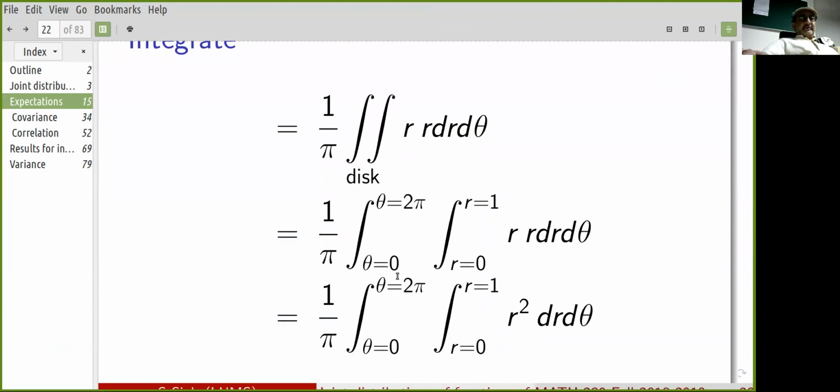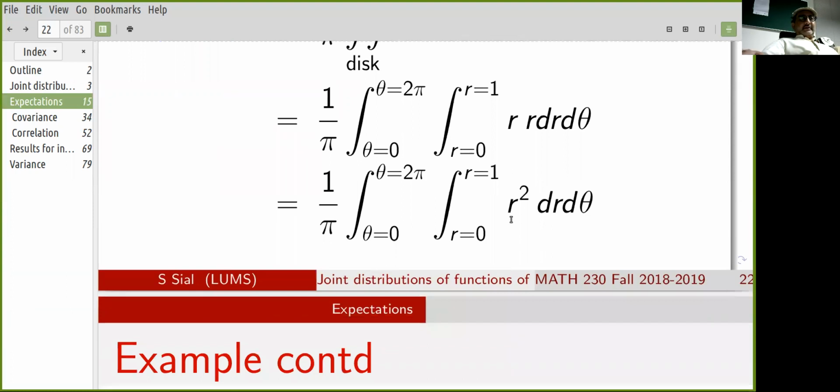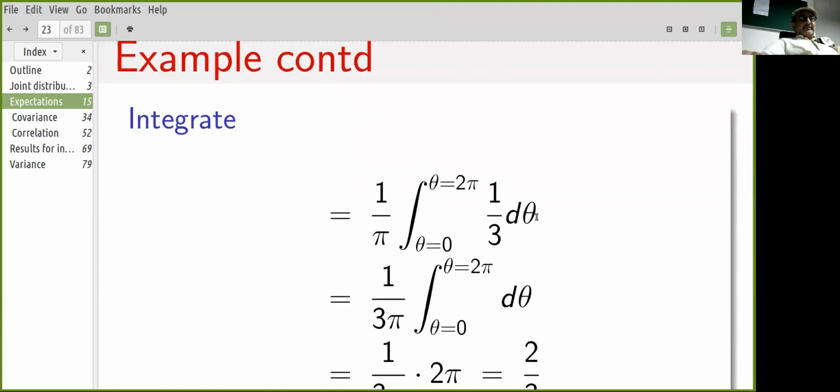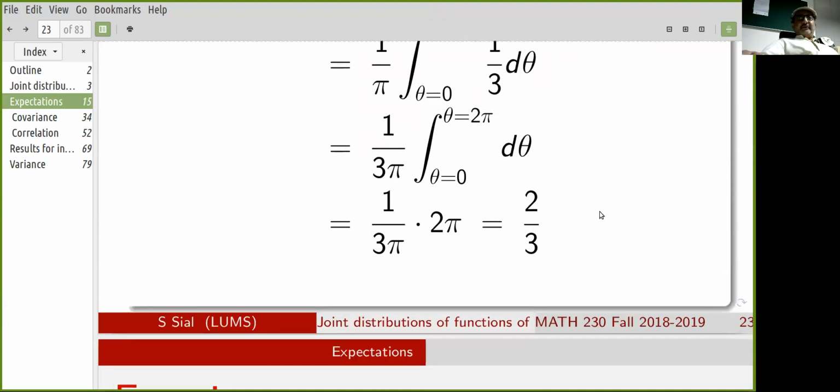Now you're using polar coordinates, so theta equals 0 to 2 pi, r equals 0 to 1, that covers the disk, r dr d theta. But then, combine the r's, you get r squared. So now if you do that integral, it works out to 2/3. Okay, so that's the expectation of that function g.